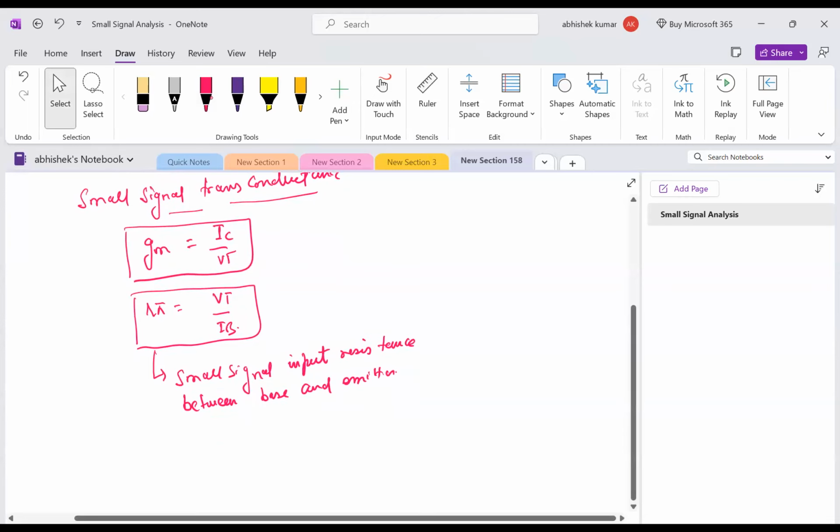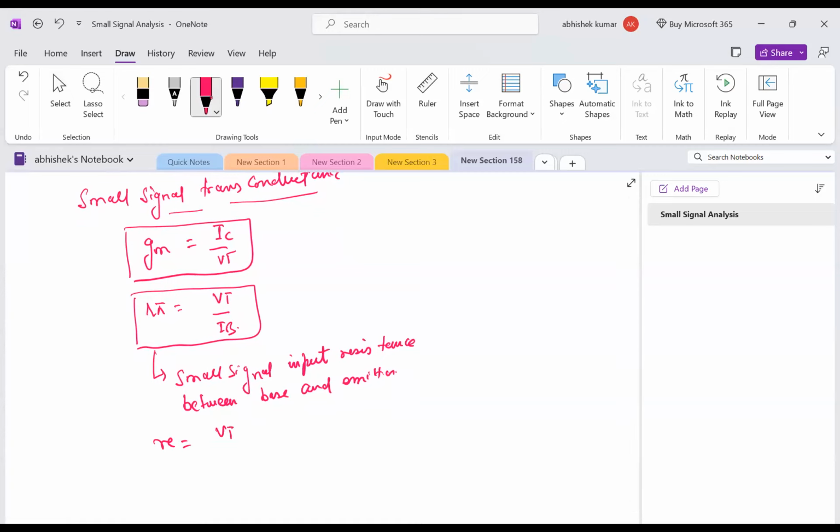Apart from that, we have one more parameter, RE, that is VT by IE.